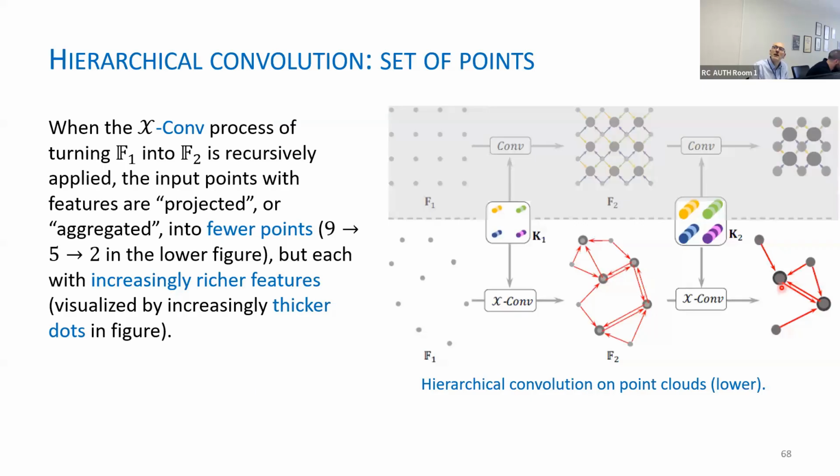So these points are actually in the same position as the points in the previous layer, but they accumulate information and derive information from neighboring points. So this intuition, that I repeat, is quite simple.